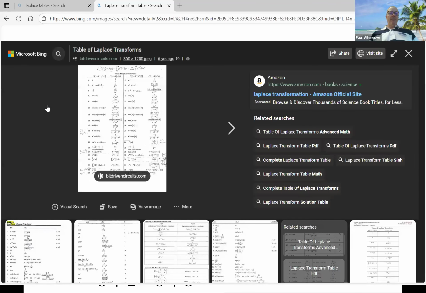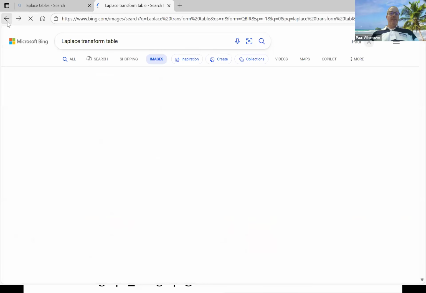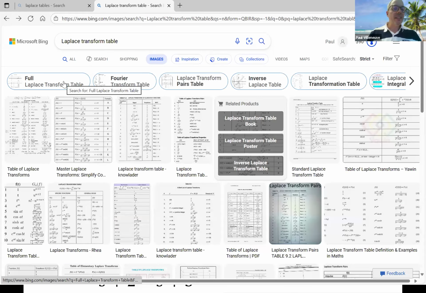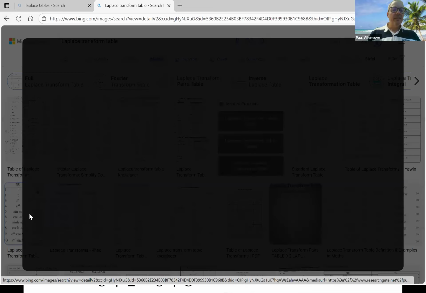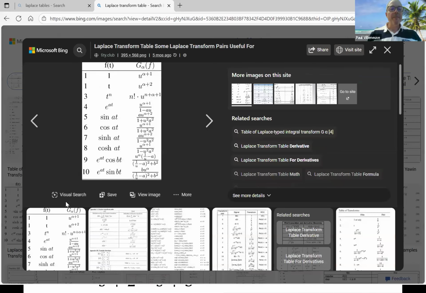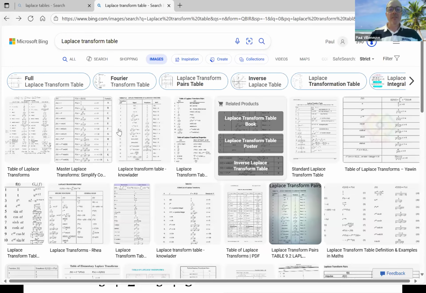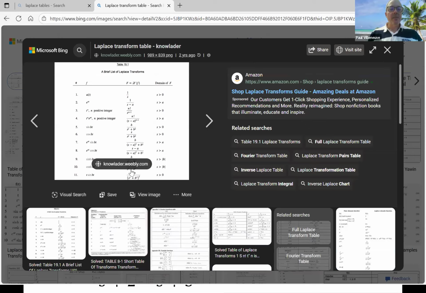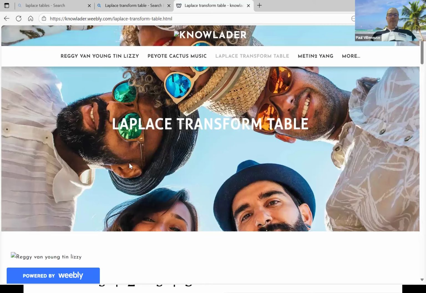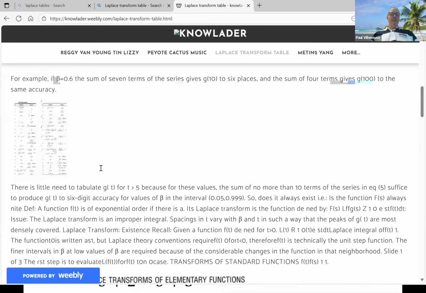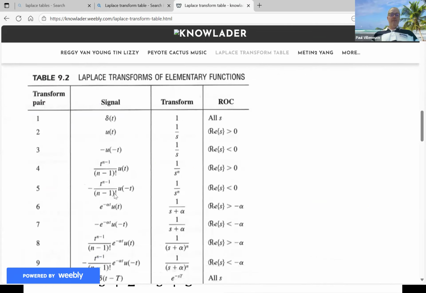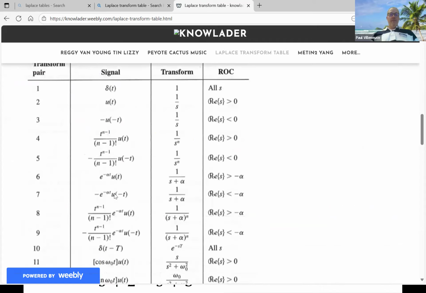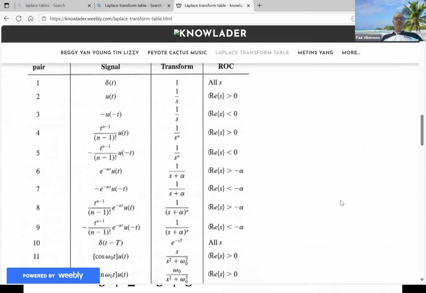Let's just do a simpler, more basic one. How about this one? No, it's got U's in it. We don't want U's. How about this one? All right, this one's pretty easy. And I think these are mostly what we will need.